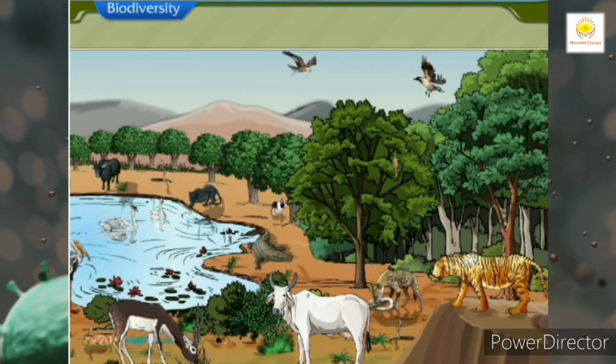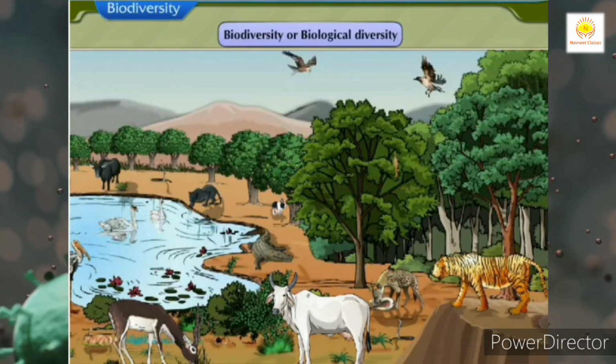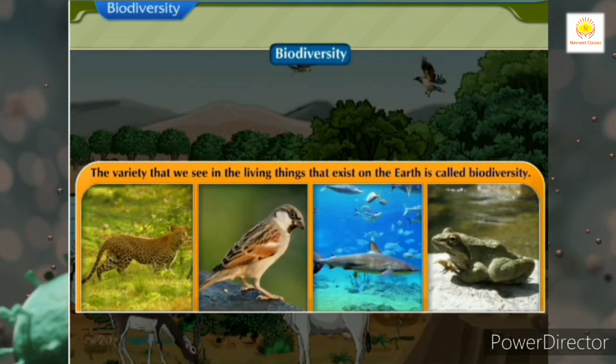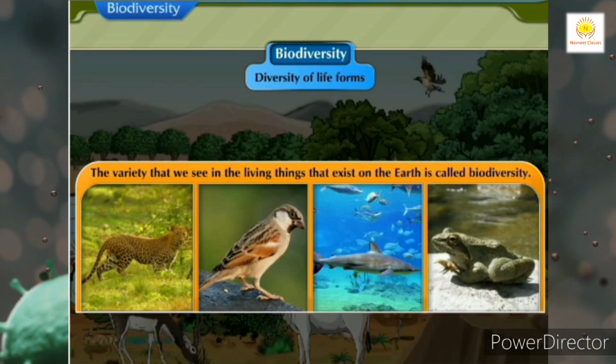The entire phenomenon is known as biodiversity or biological diversity. The variety that we see in the living things that exist on Earth is called biodiversity. Biodiversity means the diversity of life forms.